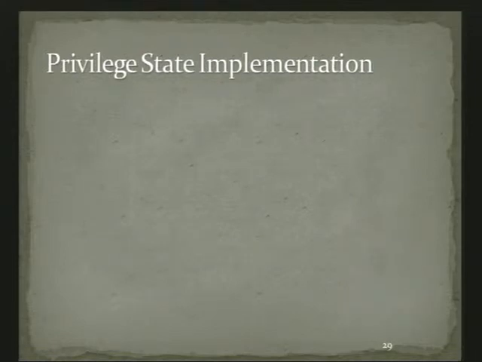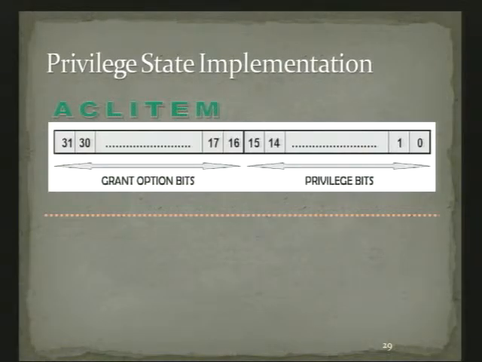And then we implemented the notion of privileged states inside PostgreSQL. Just to give you a little bit of flavor on that, PostgreSQL maintains privileges. At the max it can have 16 privileges, so it can fit all privileges in a 32-bit integer, and it maintains that as an ACL item for each database object, where the first 16 bits specify the privilege bits, and the rest of them are the grant options.